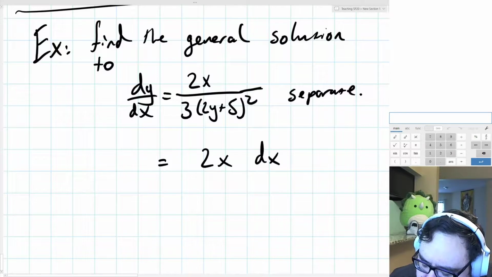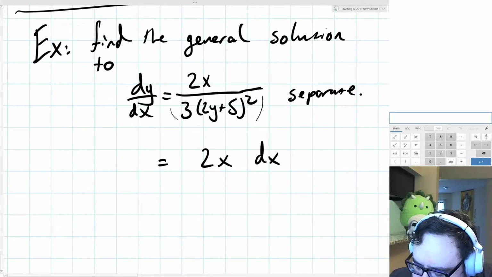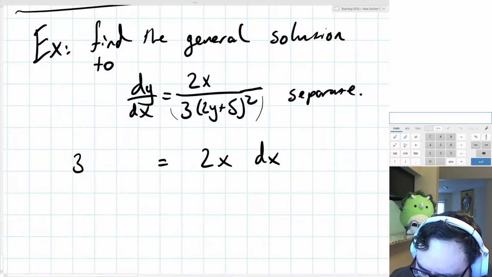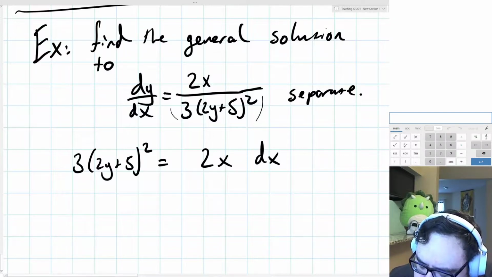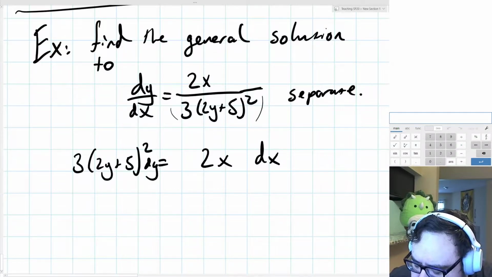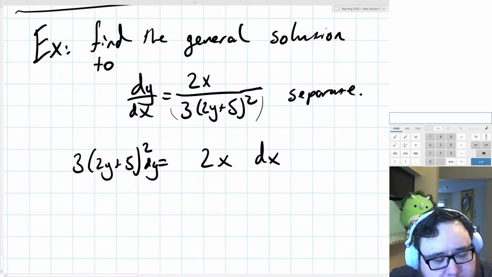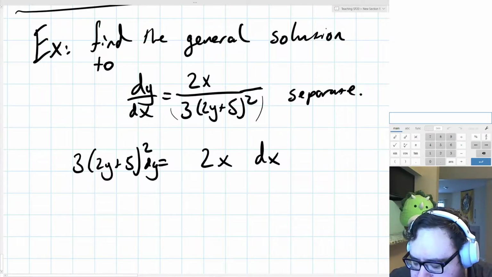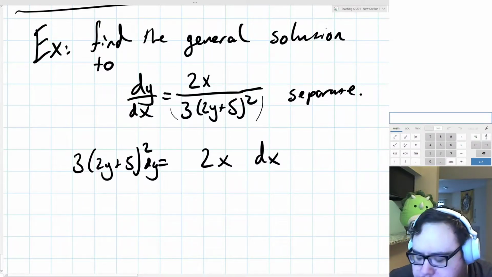And on the left-hand side, we're going to pull this bottom part over, this 3 times (2y plus 5) squared, dy. Note that we could have actually left the 3 over here on the right-hand side if we had wanted to. We could have left that as 2/3 x and just had the (2y plus 5) squared over here. I would prefer not to leave fractions if I can.